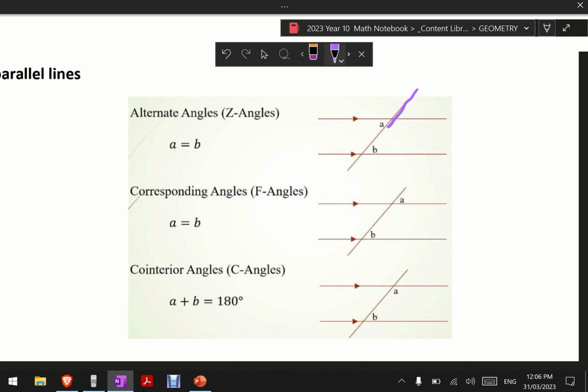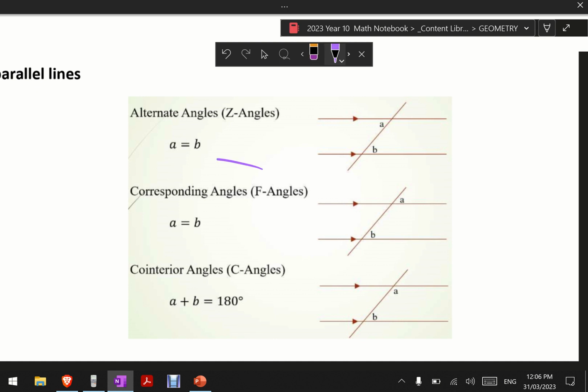Just know there's a line that cuts them in half, and opposite of one another, they're the same. So if you look at angle A, it's an alternate of angle B. Soon when you do these questions, you'll start to see patterns. So angle A and angle B are the same. We don't know what they are, but they are the same.